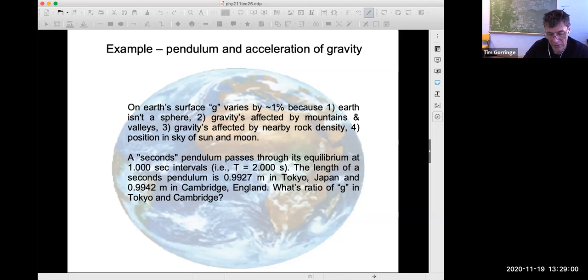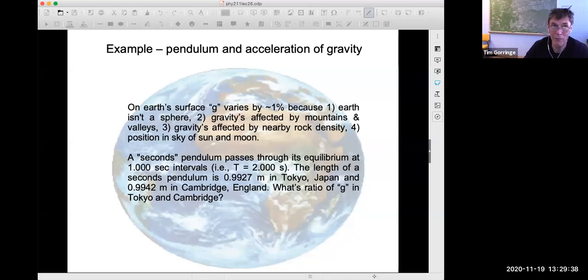Another thing that changes the acceleration of gravity is if you go to the mountains, when there are nearby mountains or valleys, that presence or absence of mass is a presence or absence of additional gravitational forces. That changes the acceleration of gravity. Another thing, if you are an oil exploration scientist trying to find oil, there are local changes in gravity due to the density of the rock or the material beneath the Earth's surface.